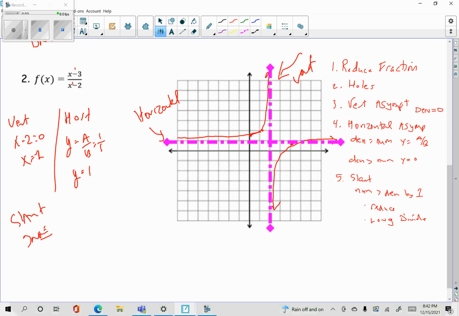Does not exist. We do have an x and a y-intercept. I would have to plug it into my calculator again. So we would have 0, some number, and some number, 0. I don't have it in my calculator right now, but that's what we'll do. All right, let's go on to 3.